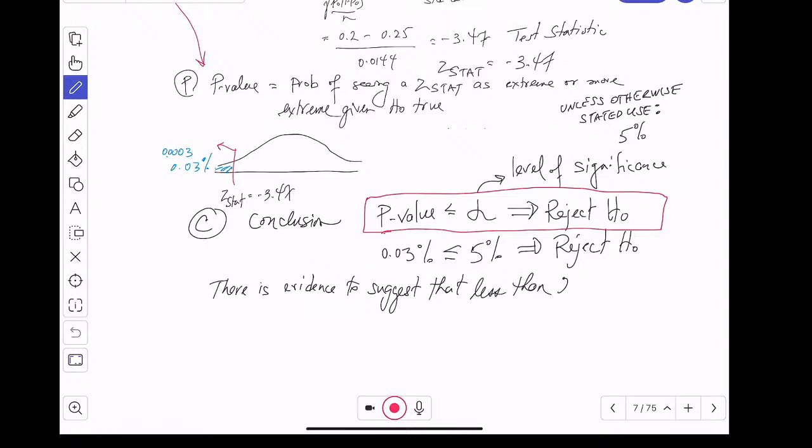Now I'm not going to use the result from the statistic. I'm just going to refer back to the hypothesis. There is evidence to suggest that less than 25% of people are vitamin users.